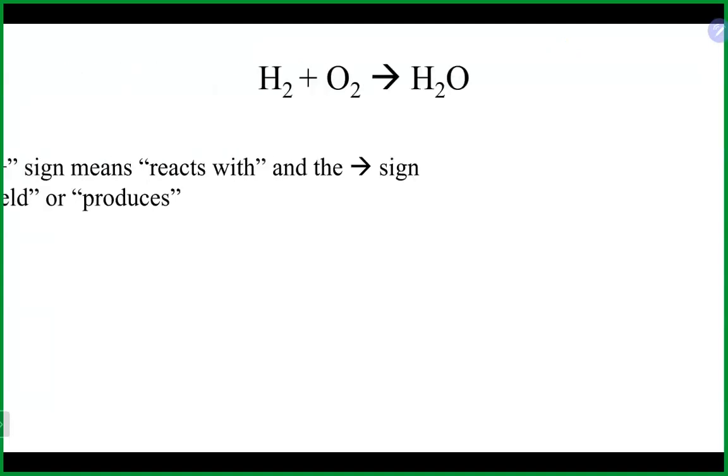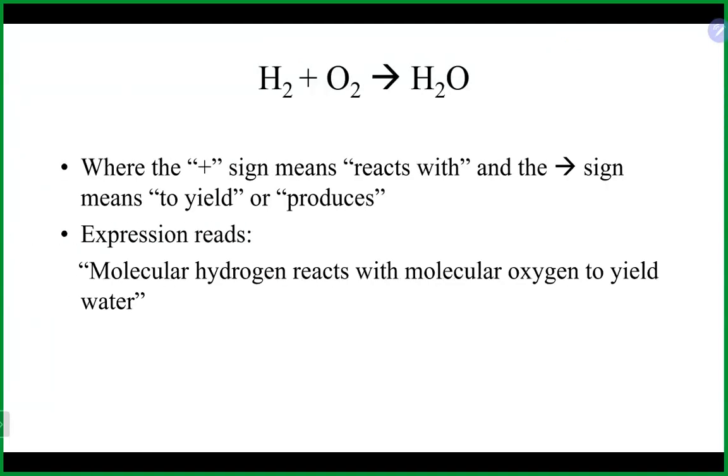Now, when we do look at this equation, we can read this equation a couple ways. Molecular hydrogen reacts with molecular oxygen to yield water. The arrow means to yield or to form or to produce. This is also an important idea. Remember that if you have things in words, for example, which is very common, you want to make sure you get the correct formulas down.